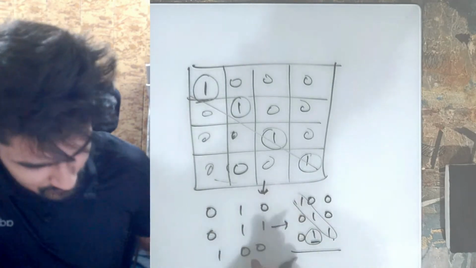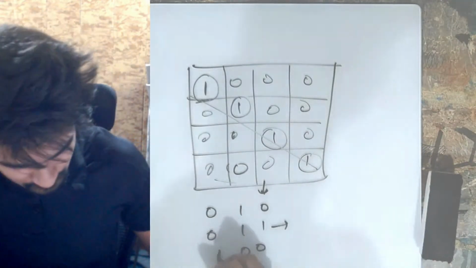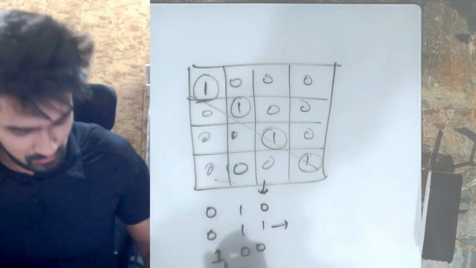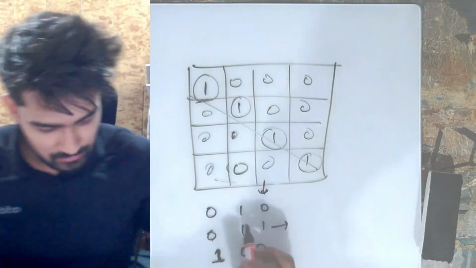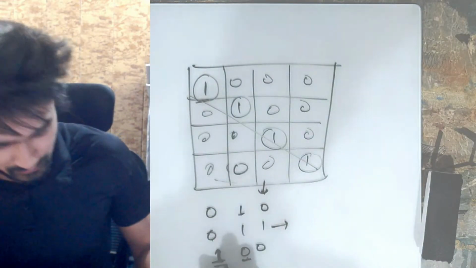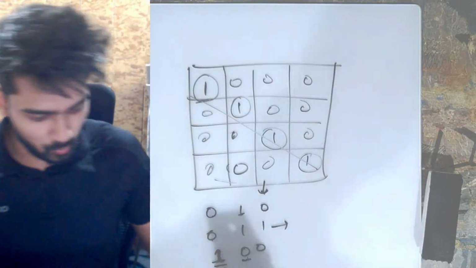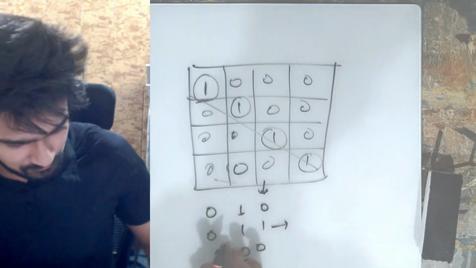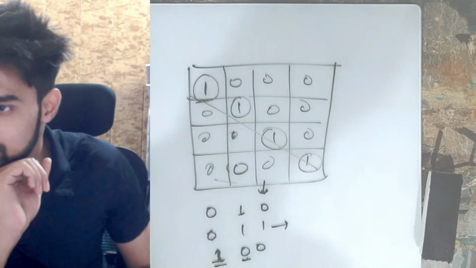Now let's see this one, like what is happening. This element could have moved here or here as well. This element could have moved like here, then it could have moved here, and so on. So what you need to see is, how do I explain this?